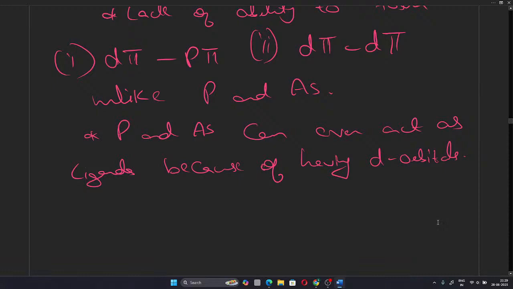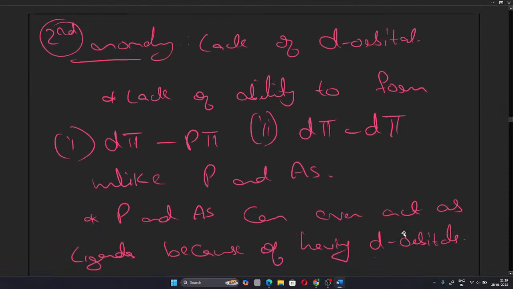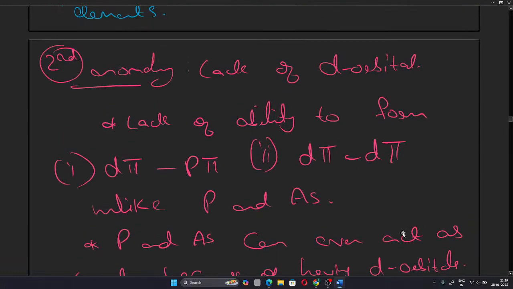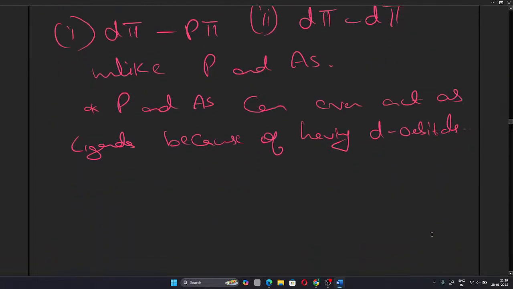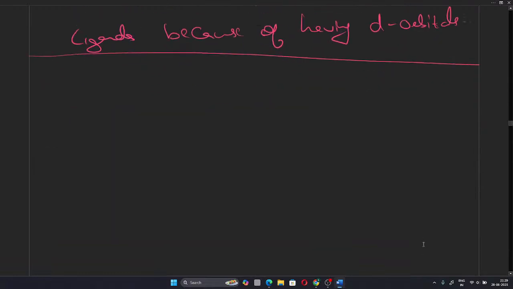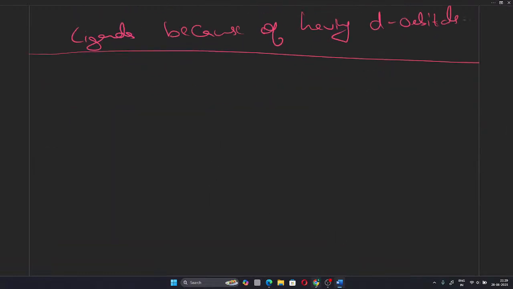But this option is restricted to nitrogen because it doesn't have d orbitals. Its valency is also reduced, or restricted, to 4. Okay.